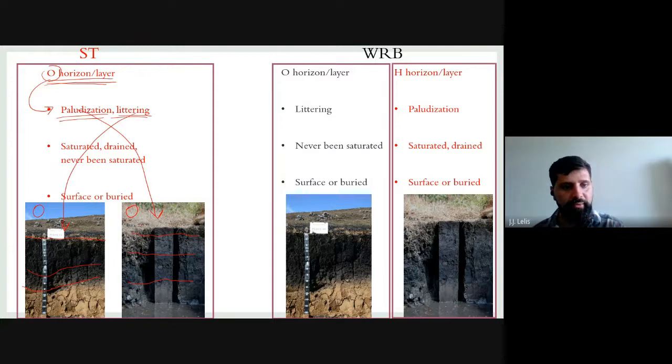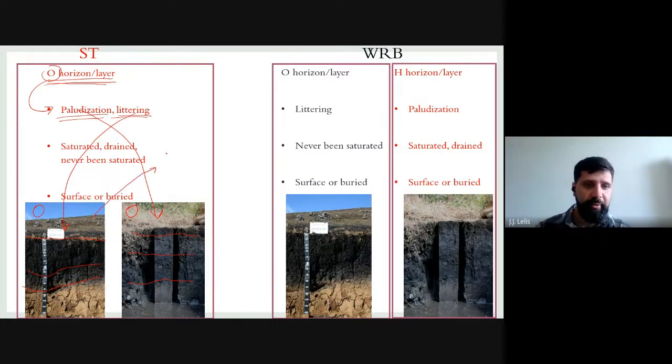In this case, we have some particular mechanisms and properties that help to concentrate organic matter, like temperature.